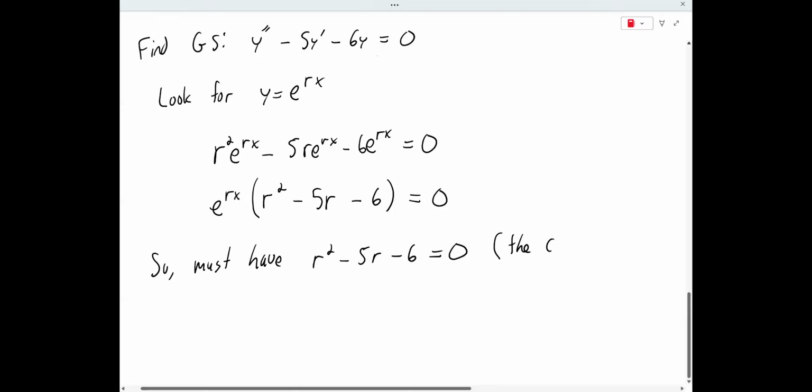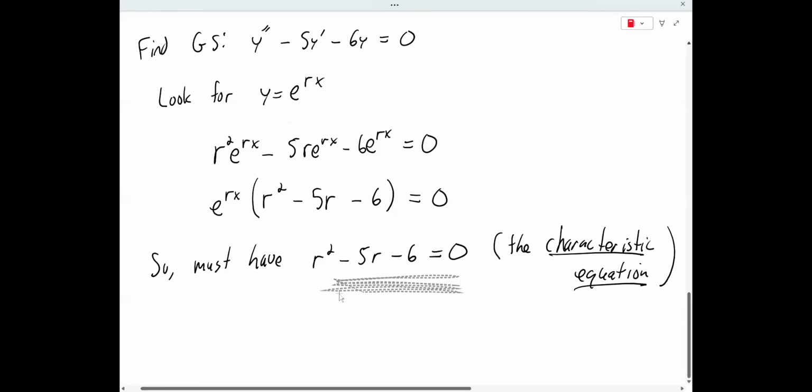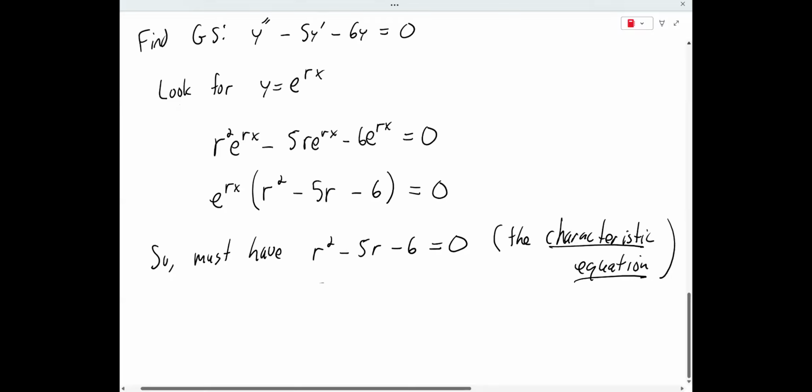So in future problems, you don't have to do this part every time. You can just look at the equation and get right down to the characteristic equation. Even if the numbers are different, it still follows the same way. And you get down to here. Now you solve this.